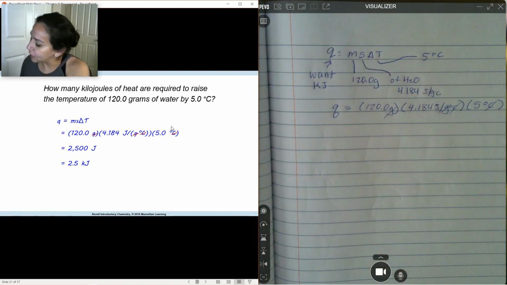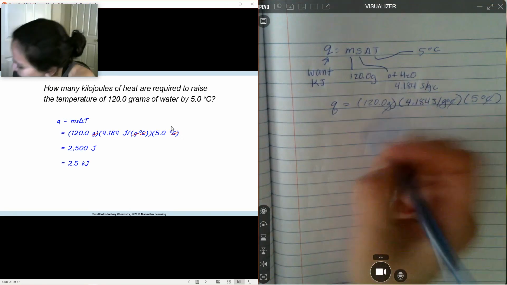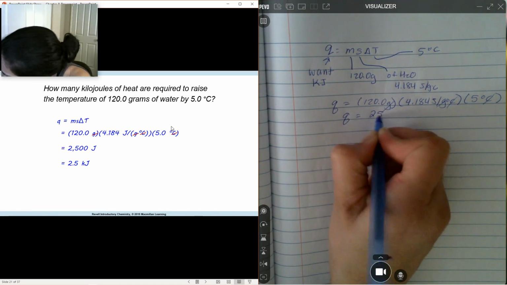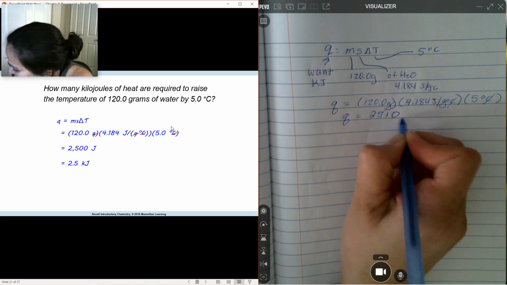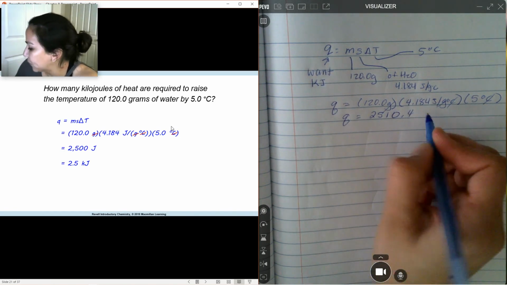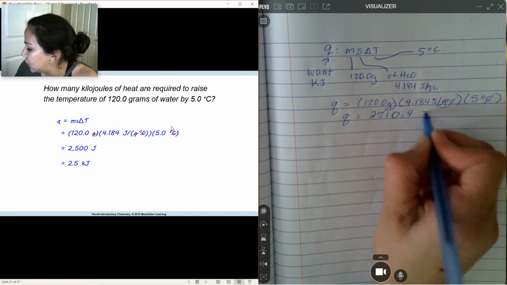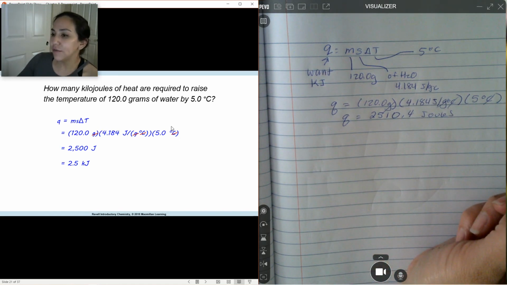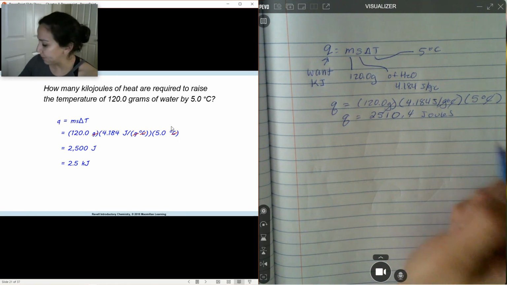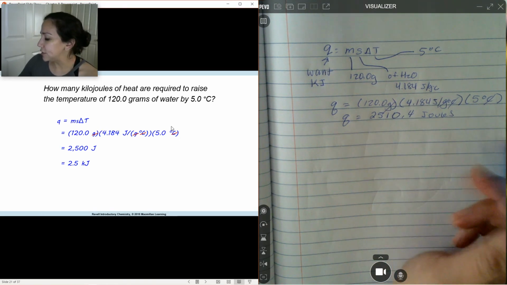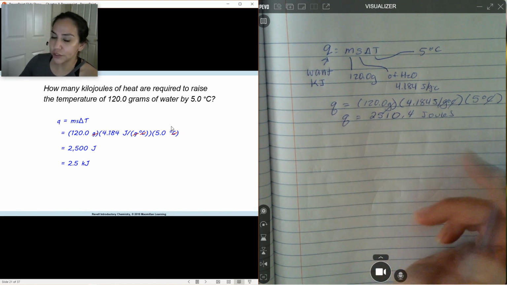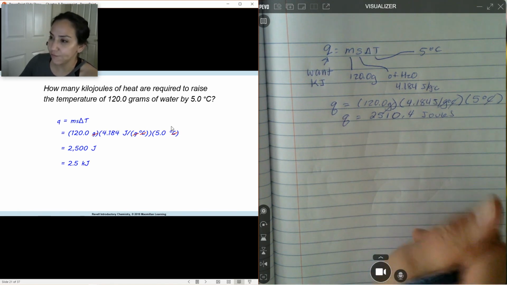Okay, I got 2510.4, so Q is equal to 2510.4, and this is in the unit of joules. However, this is asking me to give it in kilojoules. Okay, before I do that, actually no, let's go ahead and do it in kilojoules, and then we're going to transfer it to the correct number of significant figures.